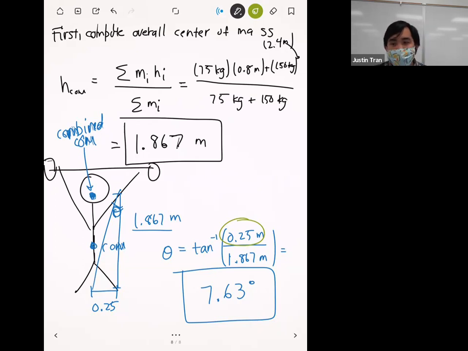But if you don't have those core muscles available, then your body's not going to have enough force to bring yourself back to that position. But whether you're muscular or not, if your center of mass gets outside your base of support, you're going to start toppling over.